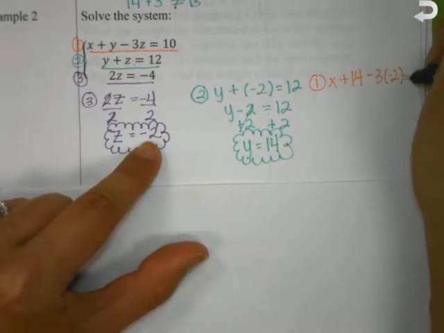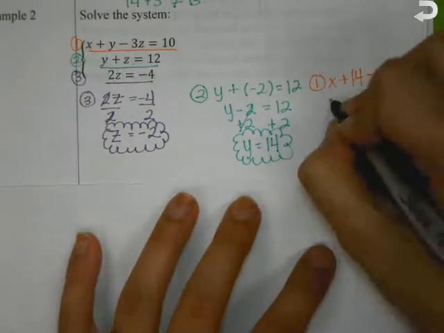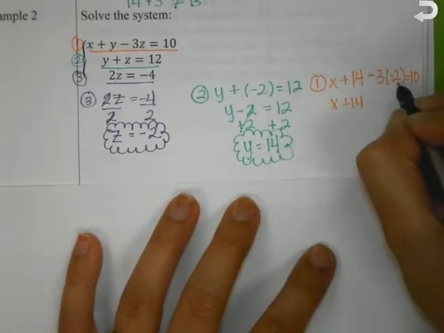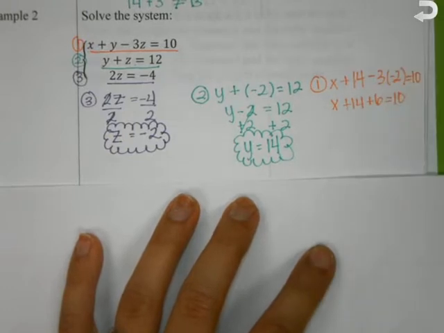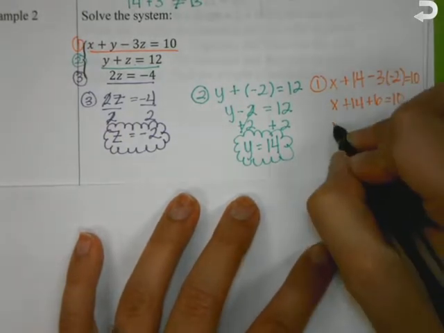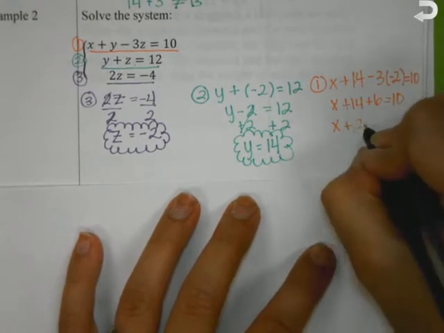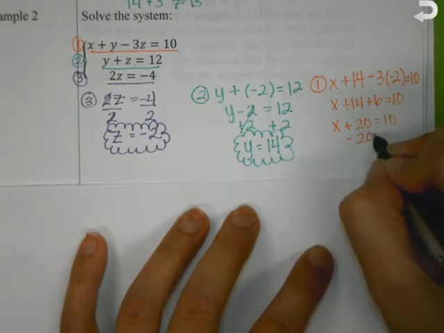So x plus 14, negative 3 times negative 2 is plus 6, equals 10. 14 plus 6 is 20. So x plus 20 equals 10. Subtract 20 from both sides. So we get x equals negative 10.